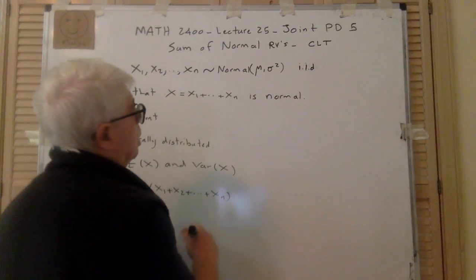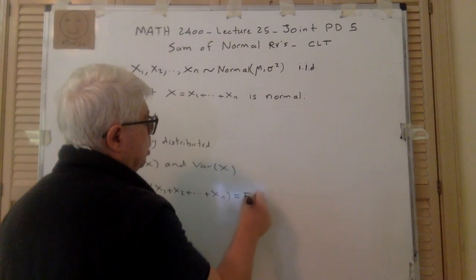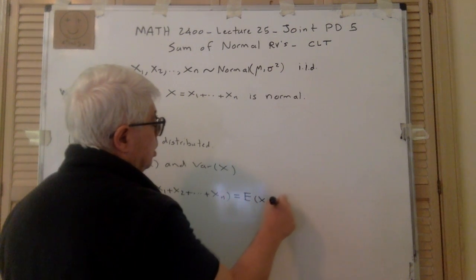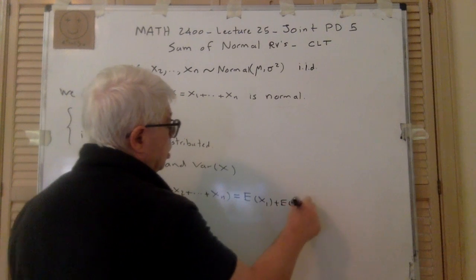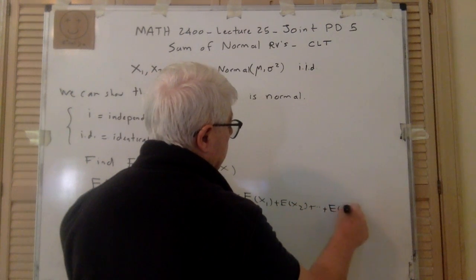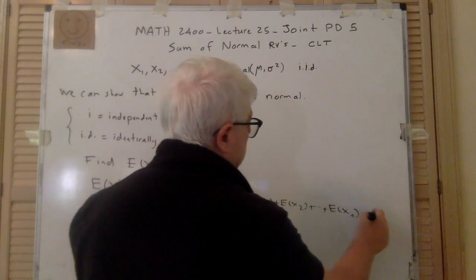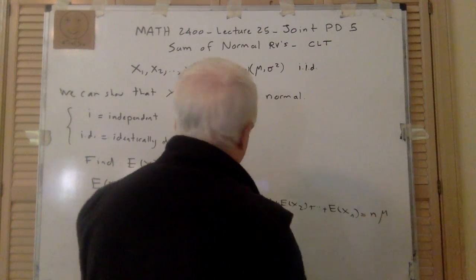They can be not independent. This holds for both. So that is E of X1 plus E of X2 up to E of Xn. And we know each one of them is mu, so we get n mu.